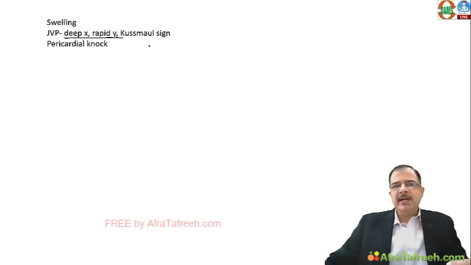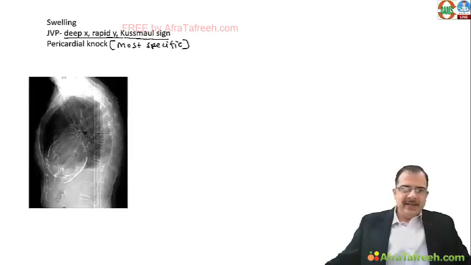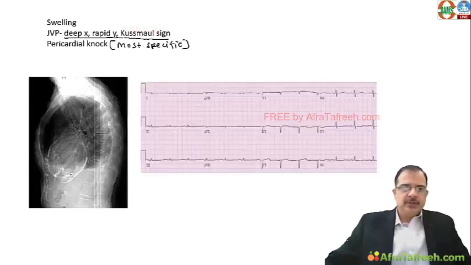Now, the patient has swelling. And very importantly, the patient has prominent negative waves in the JVP, and Kussmaul sign is positive. The most specific sign is a pericardial knock. In the X-ray, we can see the pericardial layer showing calcification.